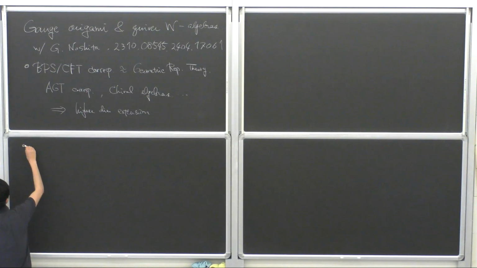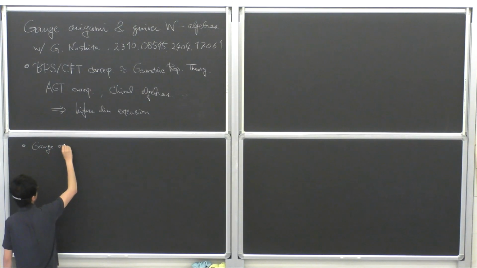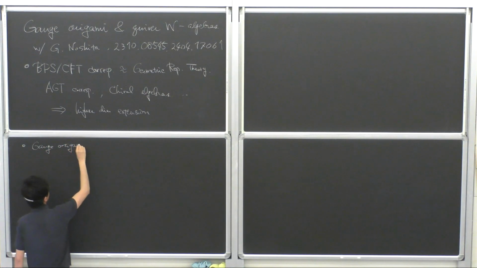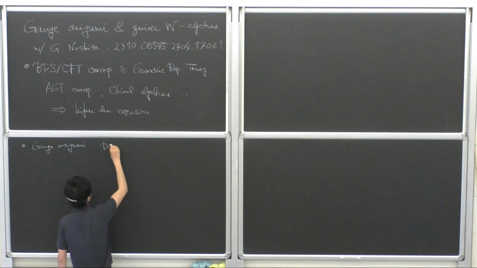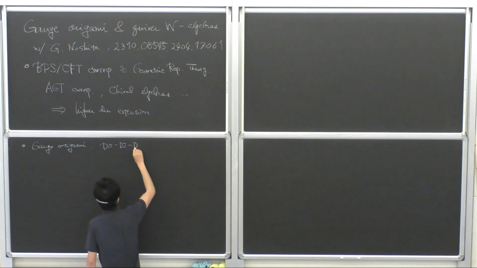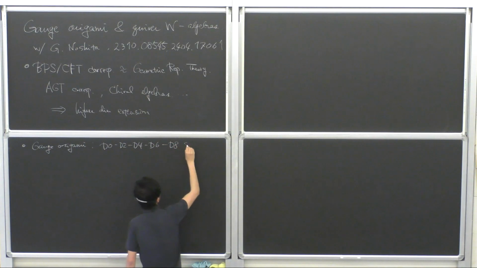Let me briefly explain what this gauge origami is. In one line, it is basically the D0, D2, D4, D6, D8 system.